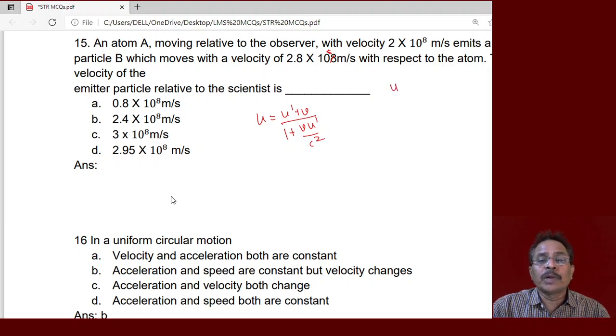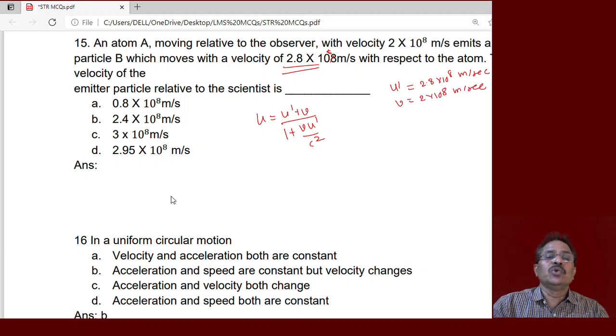Now here u prime is the speed with which the moving atom emits the other particle, the B particle. Its velocity is 2.8 into 10 raised to 8 meters per second in the moving frame of reference. And the frame of reference that is moving away, which is giving out this radiation, has velocity v, and that is 2 into 10 raised to 8 meters per second.